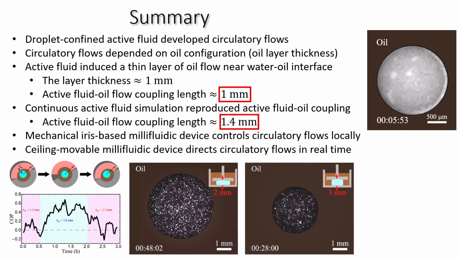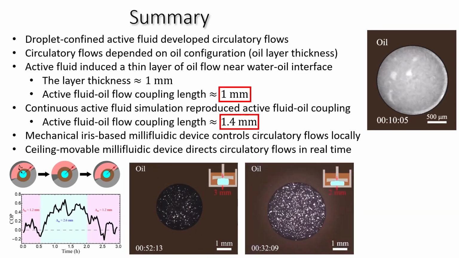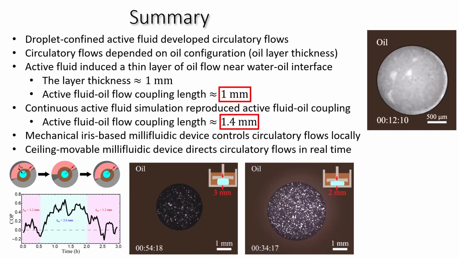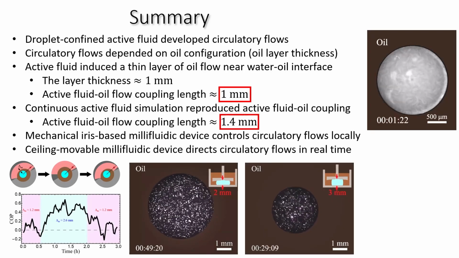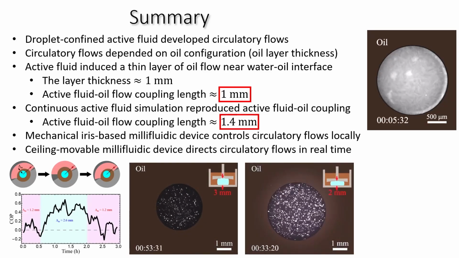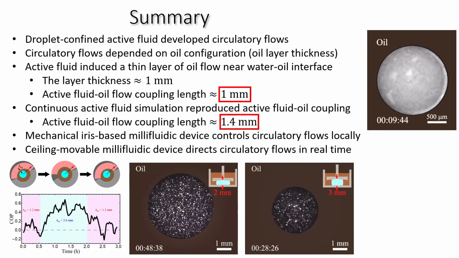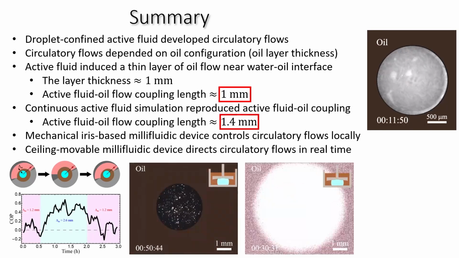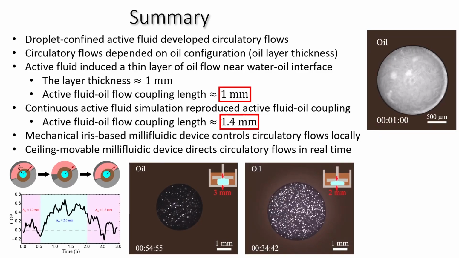The other used a sealed movable milli-fluid device that could control the compression magnitudes on the droplet so as to trigger and suppress the circulation in real time. These examples demonstrate that the more we know about the active fluid and active droplet system, the more technology we can develop to utilize the energy in the active fluid to accomplish a task that we could not accomplish before.